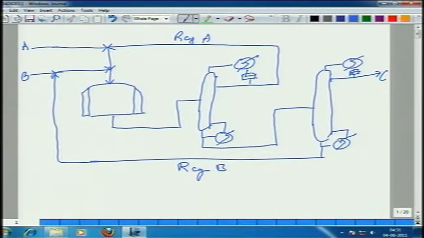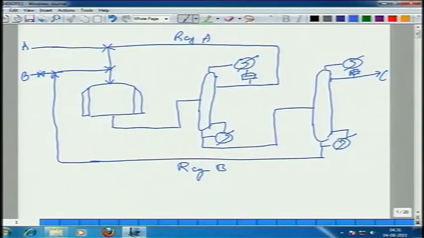Yeah, and if we draw valves on it, I don't remember how many valves, but we can just draw them and see. These are the valves.